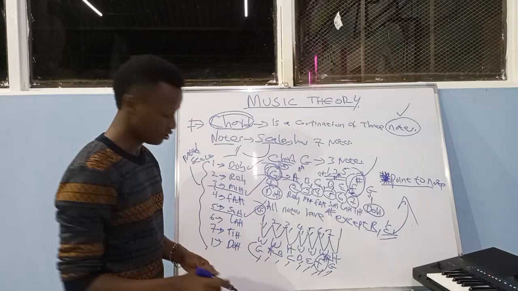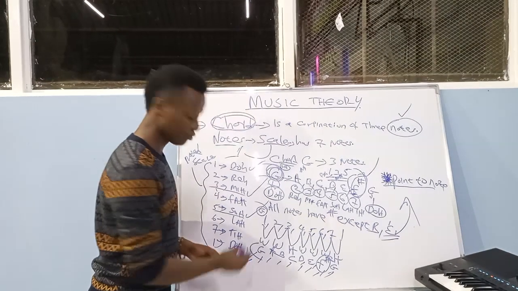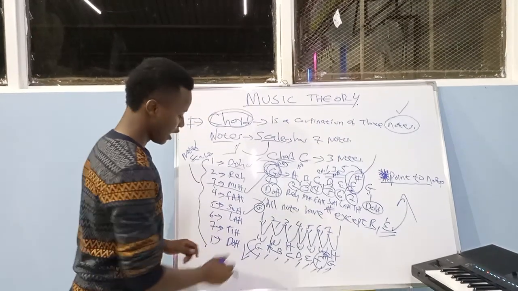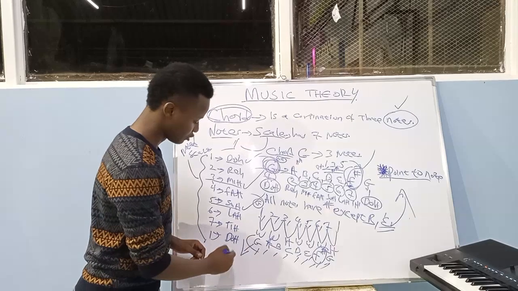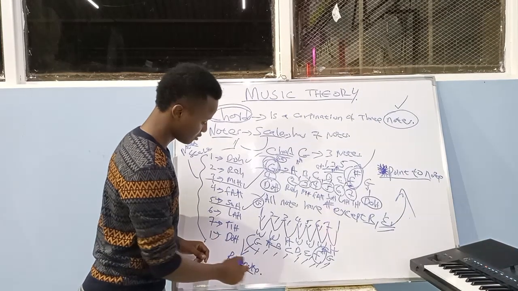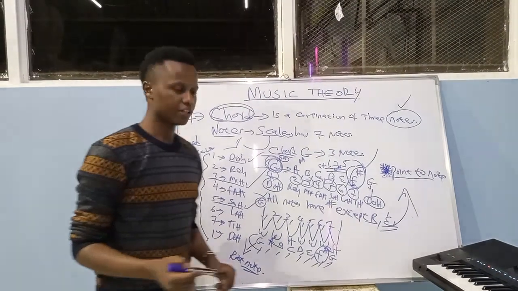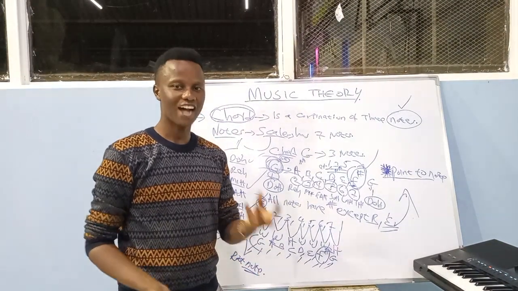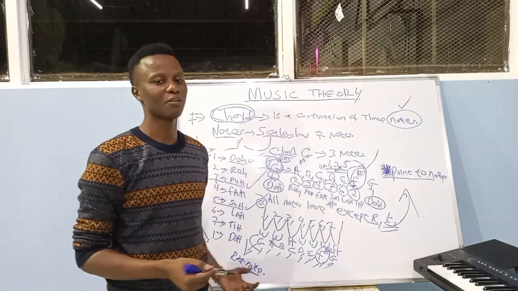Then points to note before we conclude. We are coming to the conclusion of our lesson. G will be our root note. What is a root note? For example, a tree has roots, from the word root.